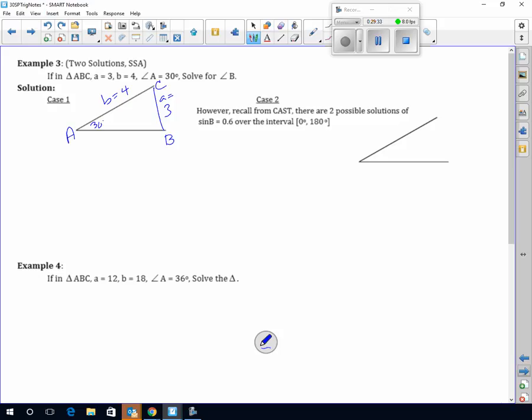Okay? So sine of 30 degrees over 3 is equal to sine of B over 4. So we get sine of B is equal to 4 times sine of 30 divided by 3. Sine of 30 is a half times 4 is 2. 2 over 3 is 2 over 3. So what can we reject?